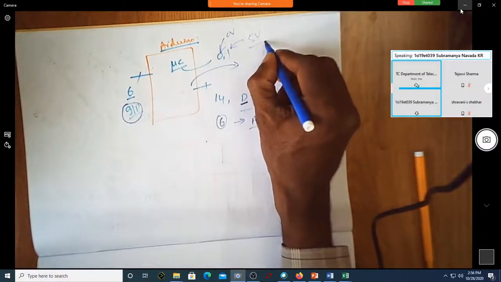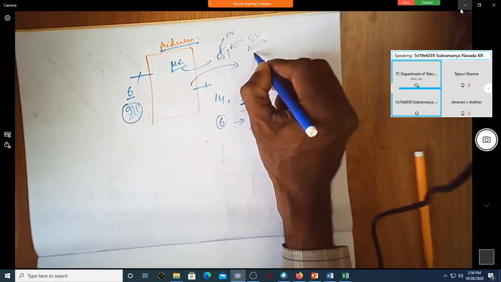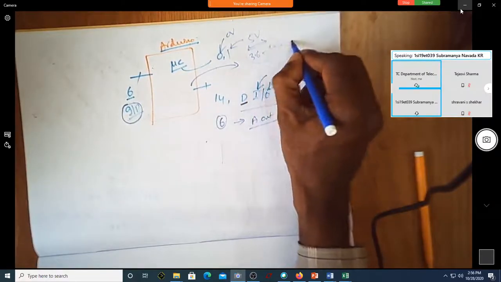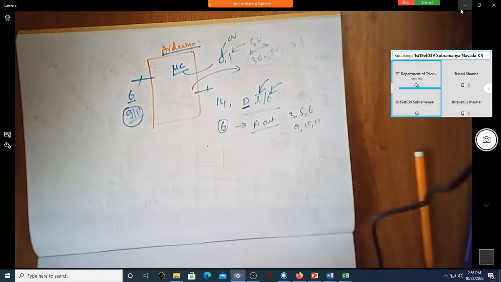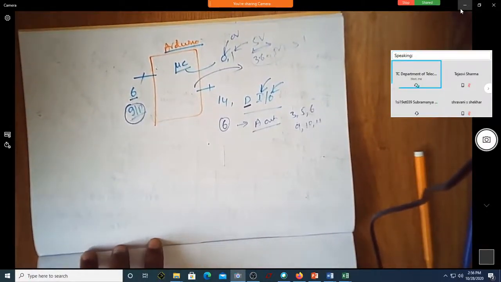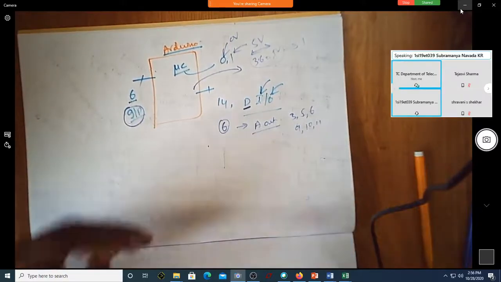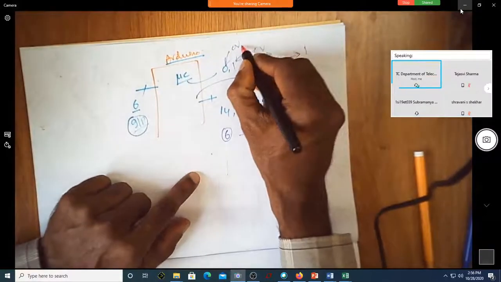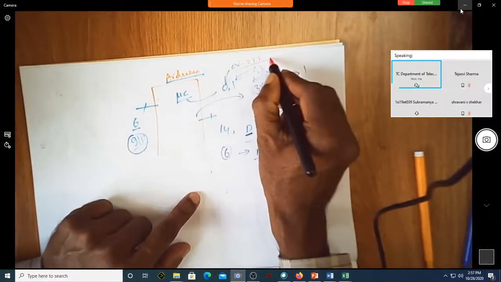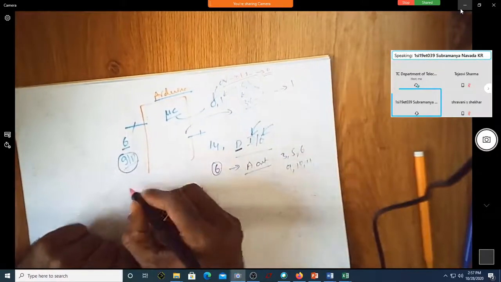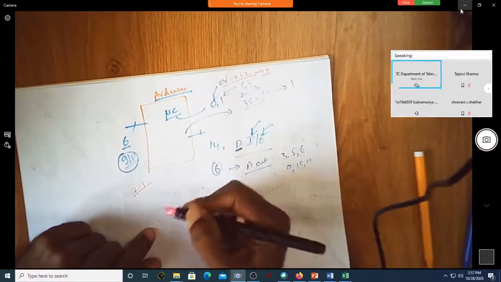There is a range over which you can still consider a voltage from 3.6 to 5 volt will be set as logic 1. Any voltage between 3.6 and 5 volt will be considered as logic 1. Anything from 0 to maybe 1.2 volt will be considered as logic 0.